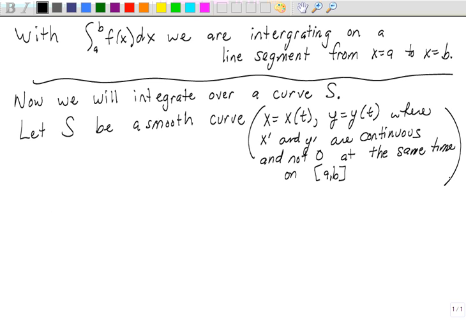Okay, so the gist of this is that we have this curve, and we're going to divide it into arcs. This is P i minus 1, and this point is P i. And delta s i will be the length of that arc, and that subinterval from i minus 1 to i.